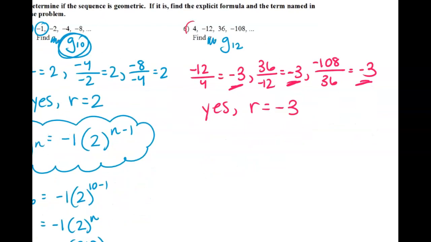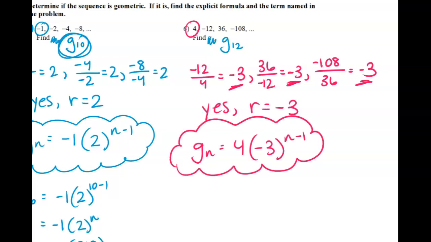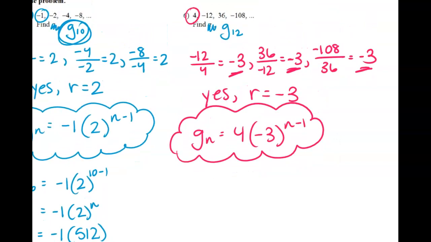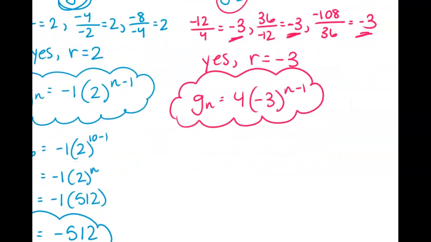Our first term is 4, so our explicit formula, g sub n, equals g sub 1, which is 4, times r, which is negative 3, to the power of n minus 1. Now to find the 12th term, G sub 12 equals 4 times negative 3, and now our n is 12, so 12 minus 1.